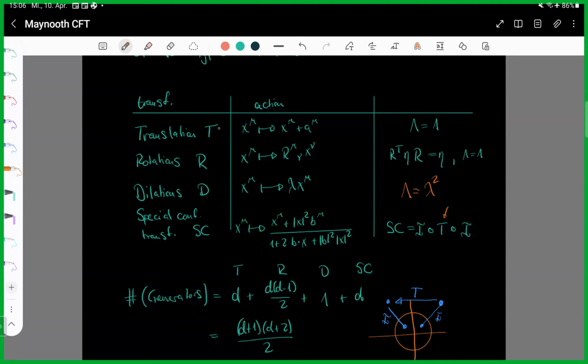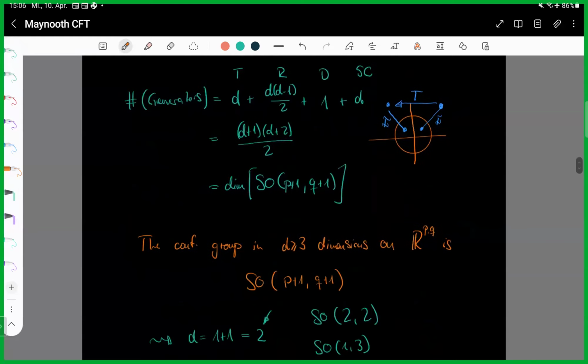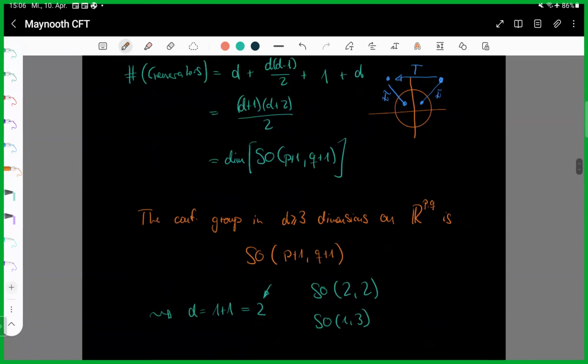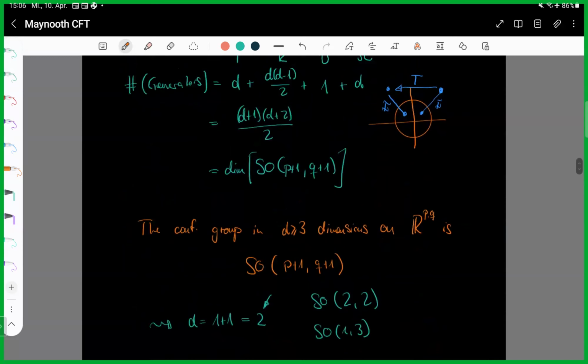And okay, we have translations and rotations. If you have learned quantum field theory, you're well aware of these two. They compose the Poincaré group. And then additionally, and this is what comes in CFT, you have the dilations and special conformal transformations. Right, so we talked about those. I just said I didn't really derive or show to you that the conformal group is SO(p+1, q+1).